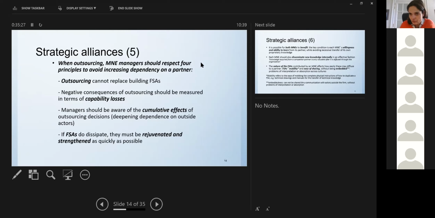The core competences are your FSAs, your firm-specific advantages. So they must constantly be strengthened and not given to someone else. So don't just think, okay, I really want a short-run cost effect, because the long-run capability loss could be higher than the short-run cost reduction that you get by doing this.